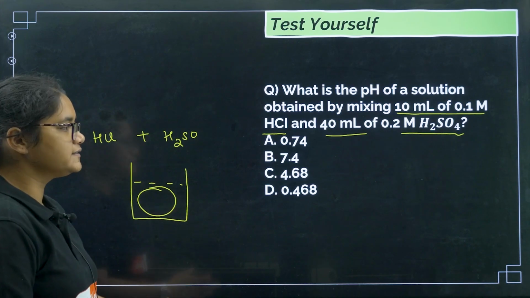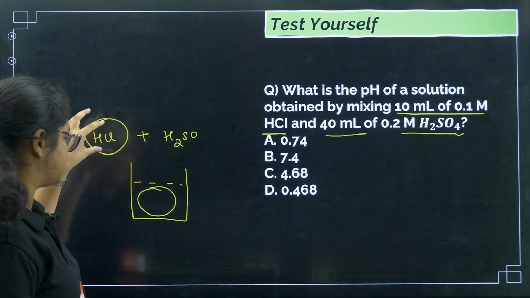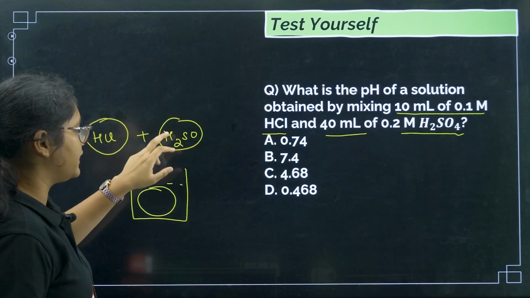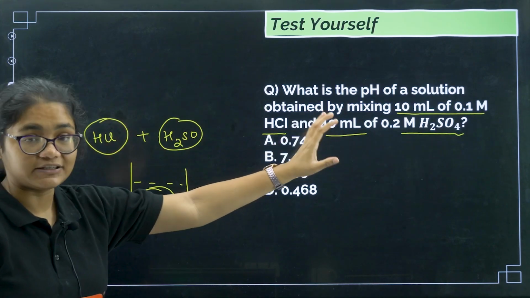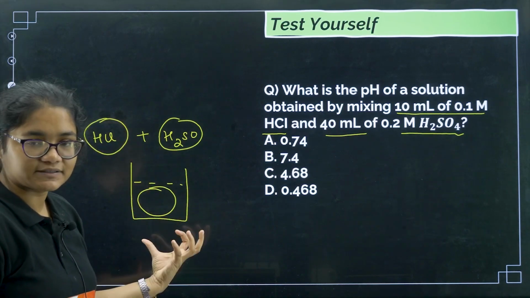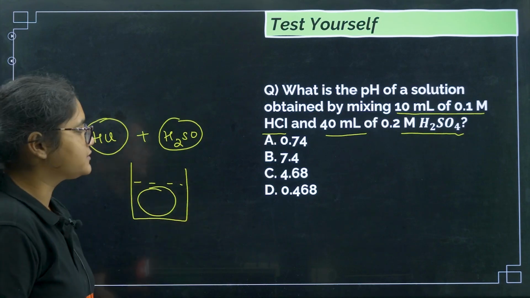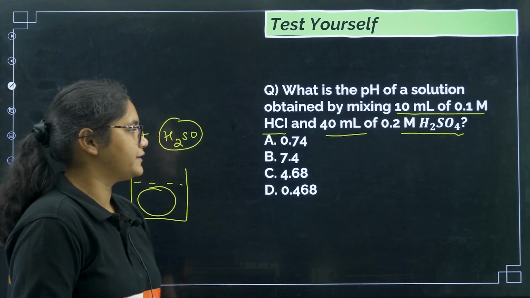The hint is: first calculate the H+ concentration present in HCl, then calculate the H+ concentration present in H2SO4, then add the total number of H+ present, and then calculate the pH value. So try this question, or else I'll be solving it in the next class.